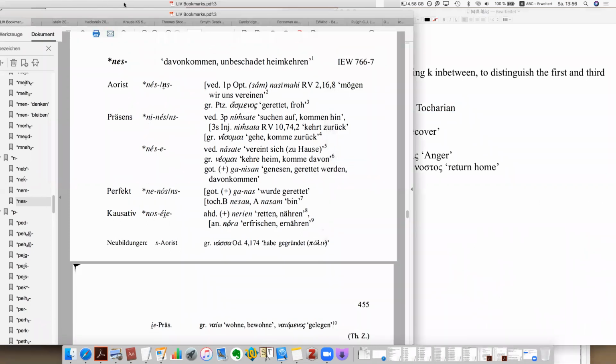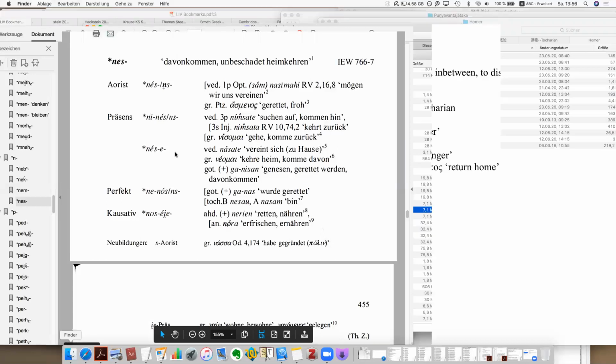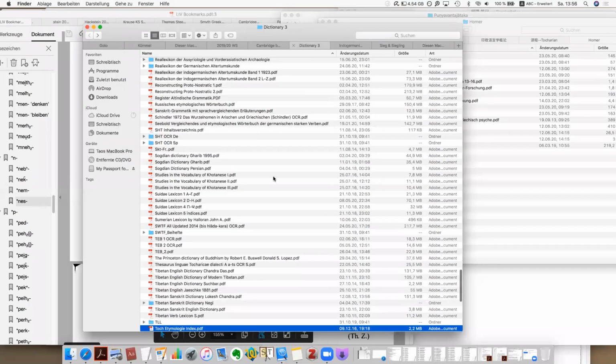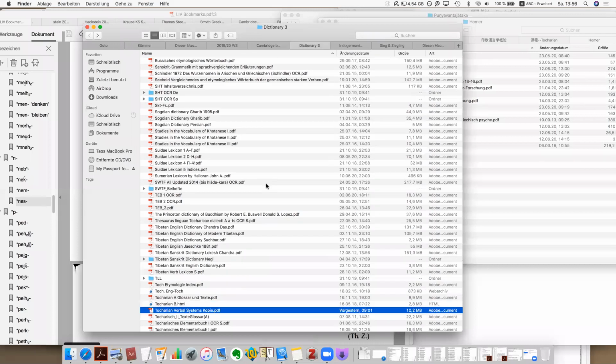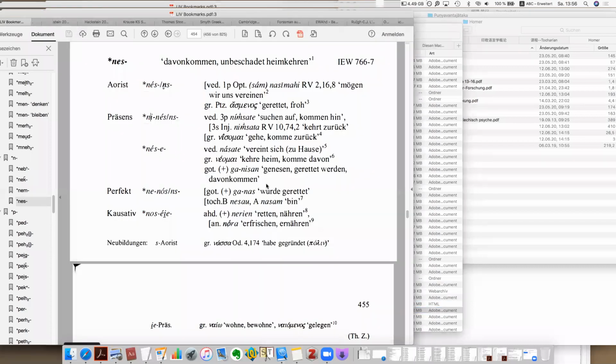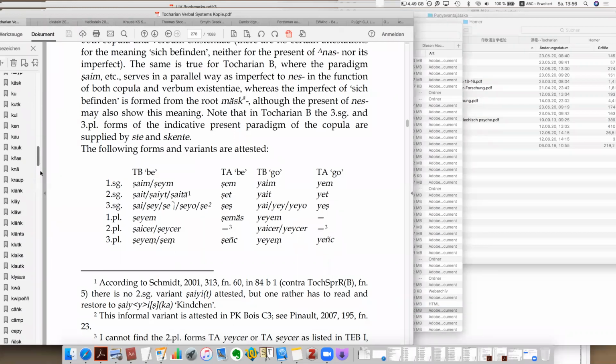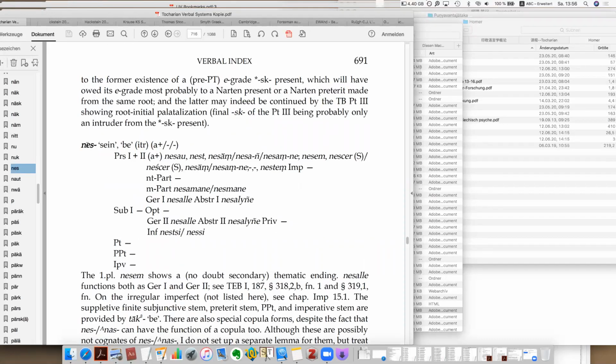But let's check the Tocharian verb. The Tocharian verbal system is a little bit interesting. So this is the word nes.